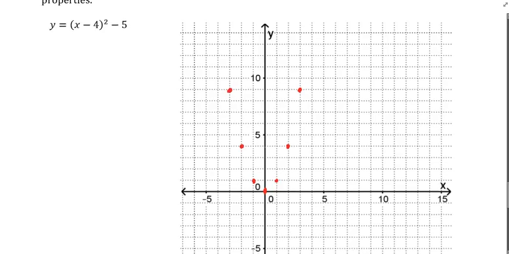So there's my parent function. That's not y equals (x minus 4) squared minus 5. That's y equals x squared.